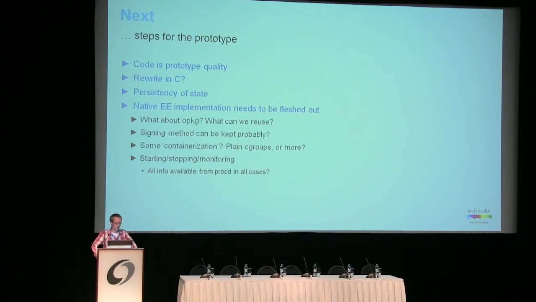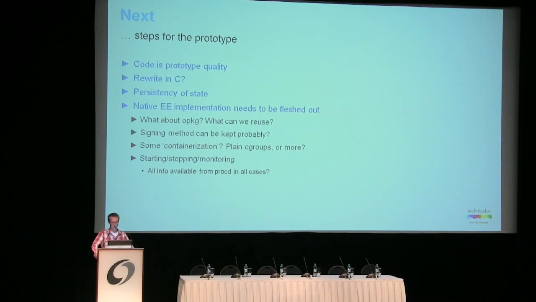We can continue, make it more robust, but maybe it would be better to rewrite it in C. Because like I said, we use the Lua bindings of the OpenWrt components, libubox and all these, but not everything is bound to Lua, and there are certain functionalities there, the whole uloop, ustream, all that functionality. It's interesting to maybe use, but it's only currently available in C. Maybe for footprint it would also be worthwhile to rewrite in C.